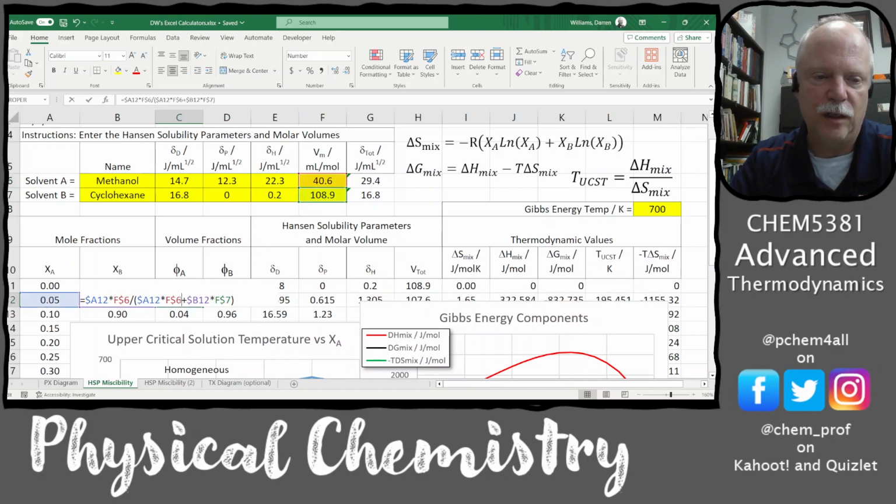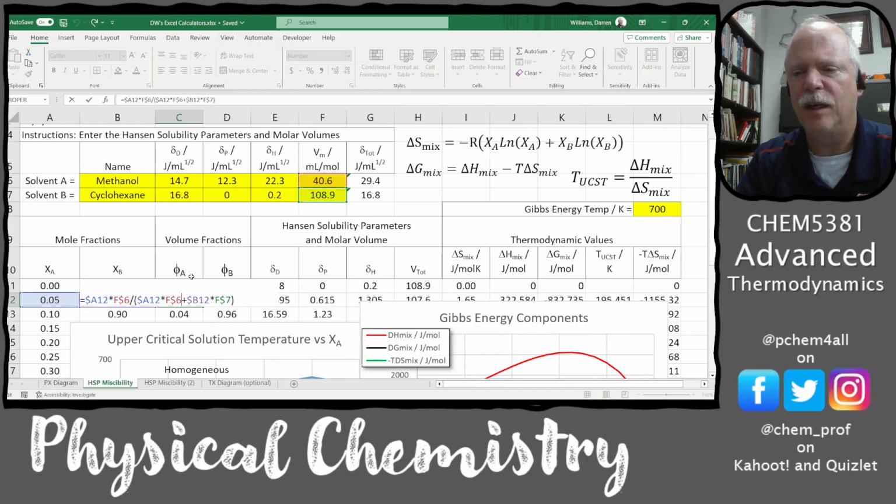So let's look at this formula here. I've got the molar volume of A on top, the relative molar volume of A, divided by the molar volumes added, so the A molar volume and the B molar volume total. So that's my volume fraction.